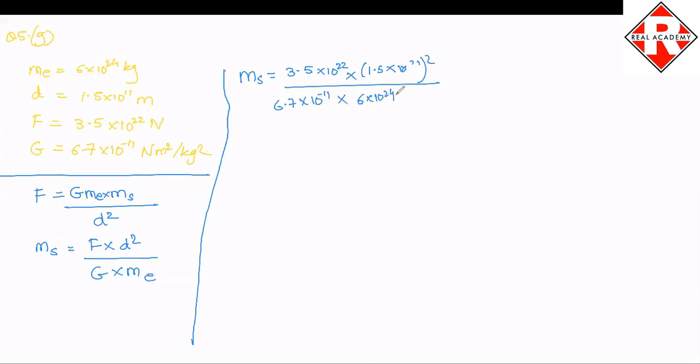Again, take all the tens together and all the other values together. So how will you do it?